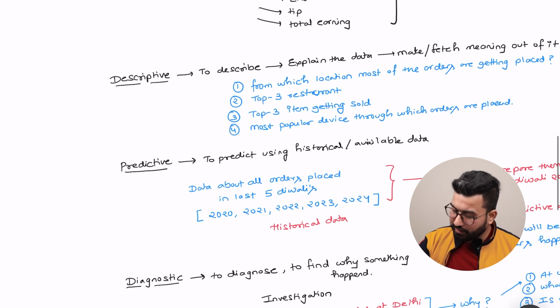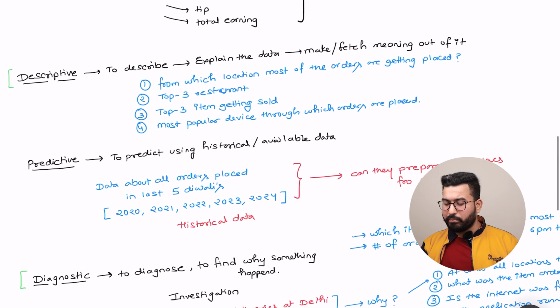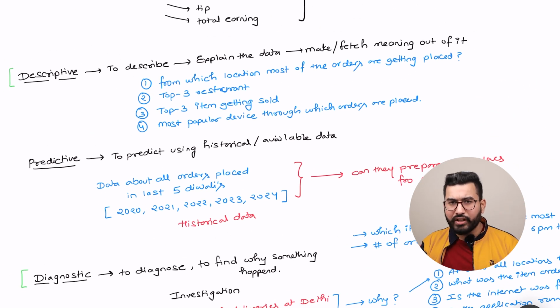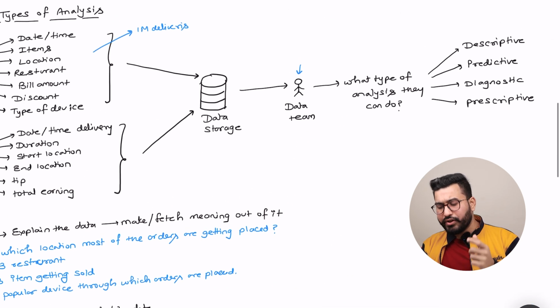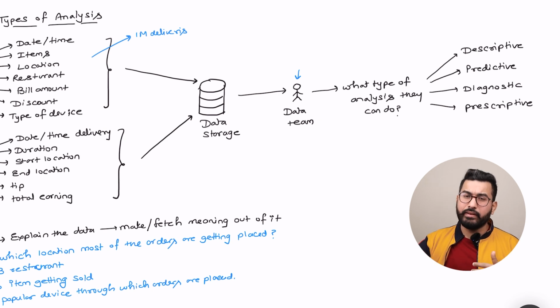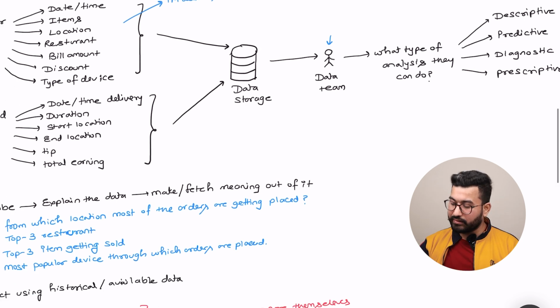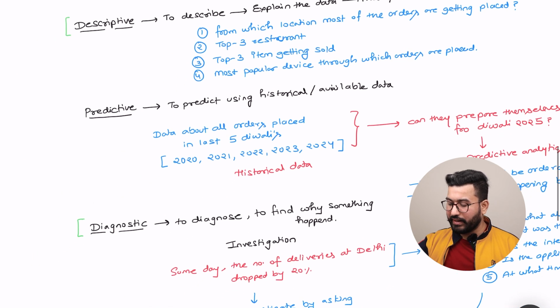Mostly data analysts work with this side, this side, and this side. But predictive is something which is majorly done by data scientists, right? And then we have data engineering also. We have the AI engineers, and so many fields are coming nowadays. But in a nutshell, a single person cannot do everything. There are specialized teams which carry out these tasks. But what they carry out is this: descriptive, predictive, prescriptive, and diagnostic.